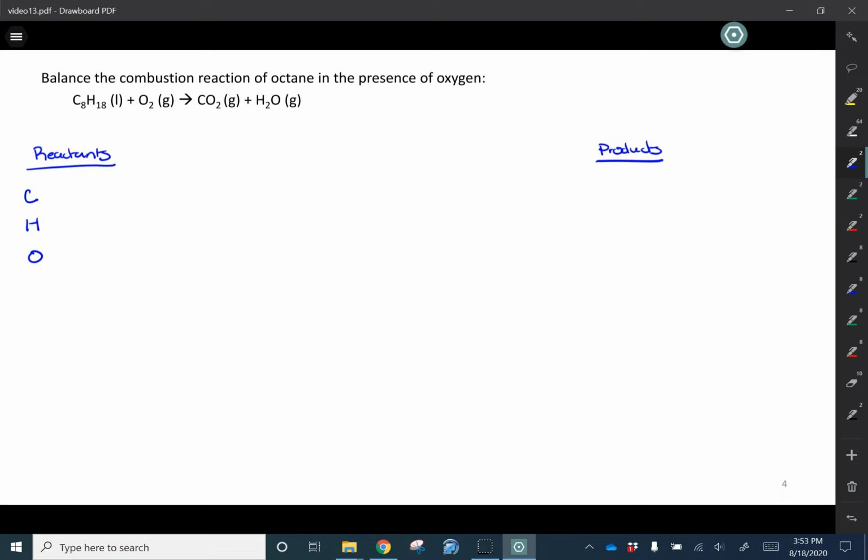On the left side, we have 8 carbon, we have 18 hydrogen, and we have 2 oxygen. On the right side, we have the same elements, and we have 1 carbon, we have 2 hydrogen, and 3 oxygen.